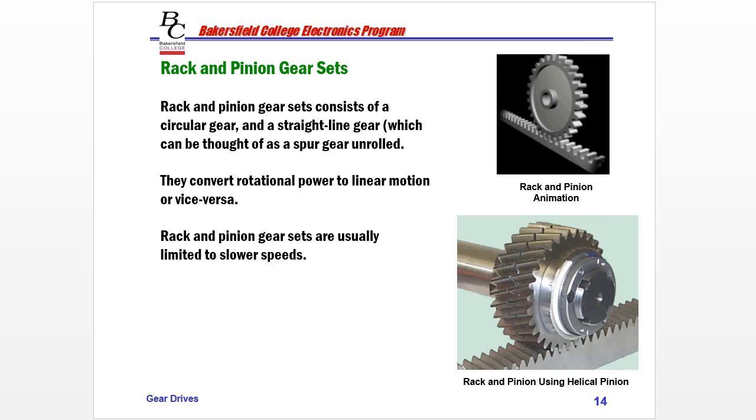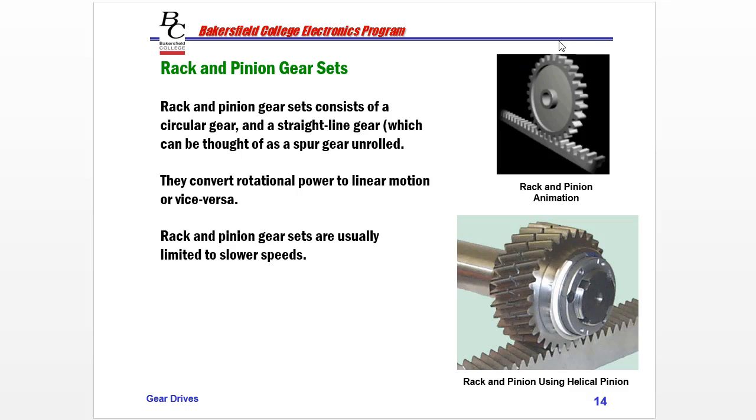The third type of spur gear is rack and pinion. So it consists of a flat straight gear and a circular gear. If we look at this, this actually looks similar to an internal gear set, but we take that internal gear and we cut it and we lay it out flat.